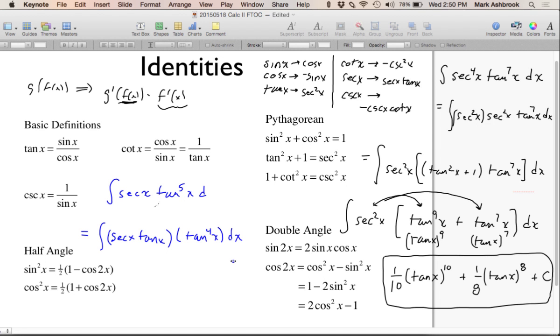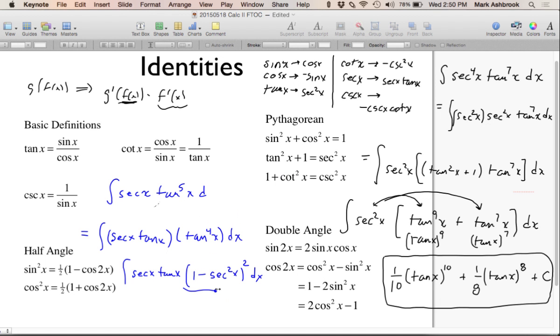If I can do that, then I've got undoing the chain rule because I've got my derivative of secant, secant x tangent x. So how do I write tangent to the 4th in terms of secant? Well, that's tangent squared squared. And what is tangent squared? It's secant squared x minus 1.